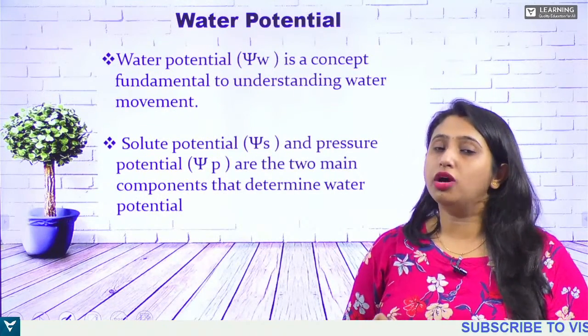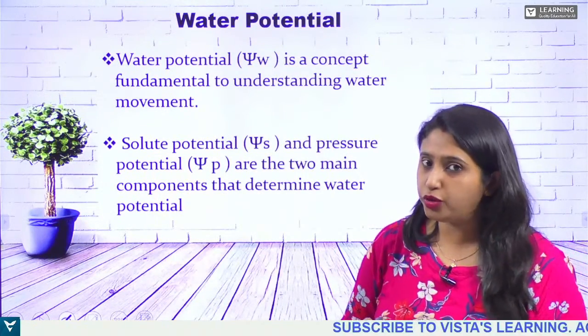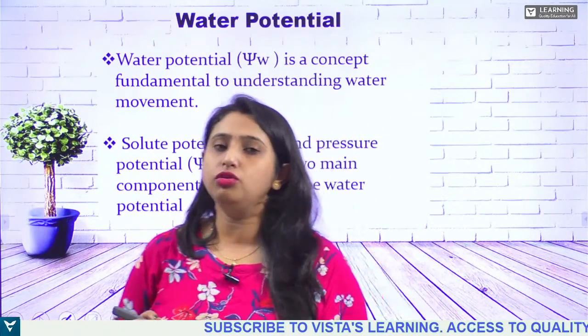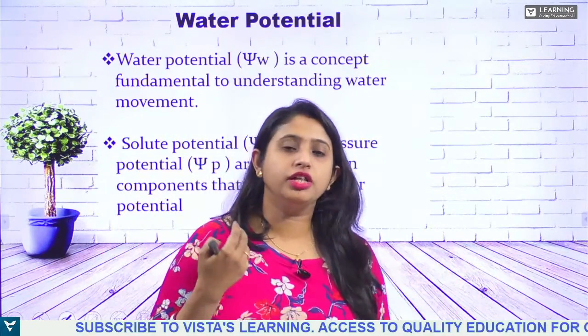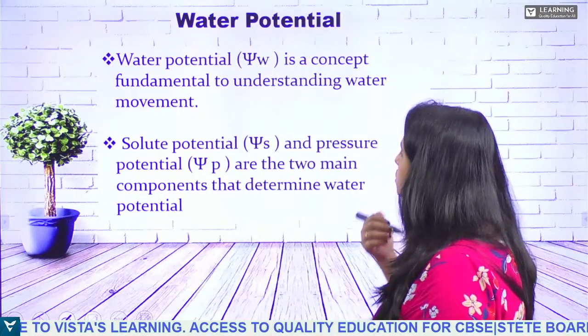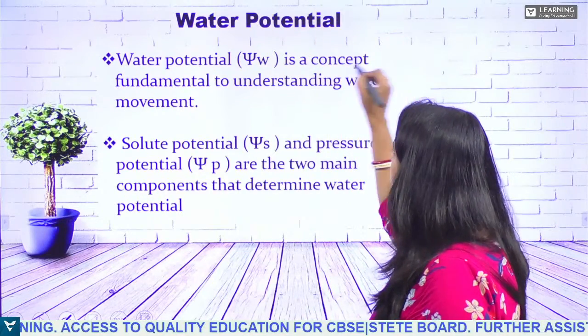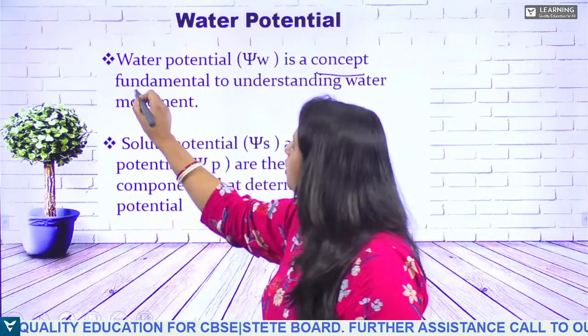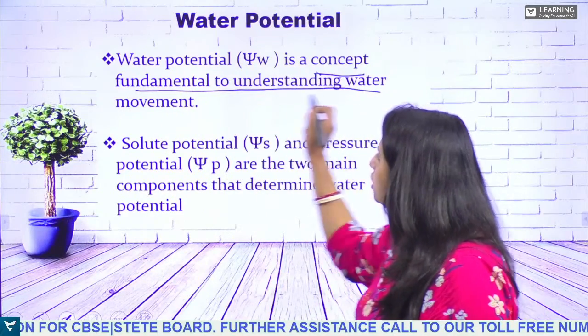Now let us learn about water potential. So what is water potential? Water potential depends upon two things: solute potential and pressure potential. Water potential is a concept fundamental to understanding water movement.